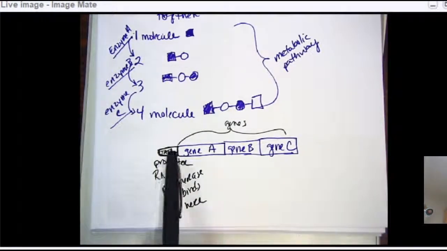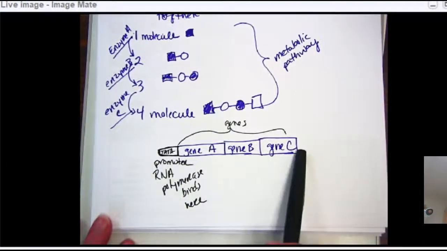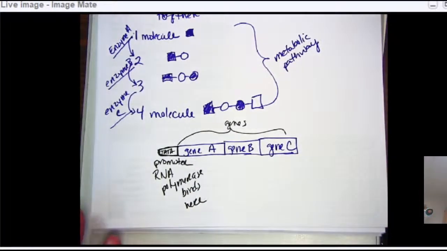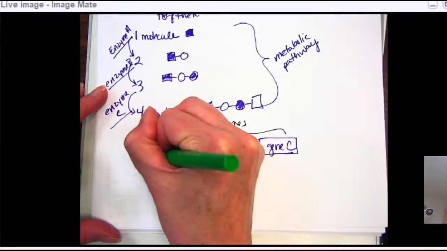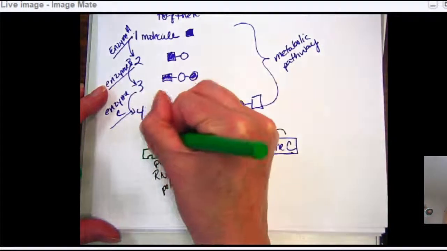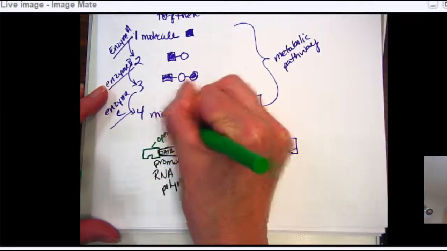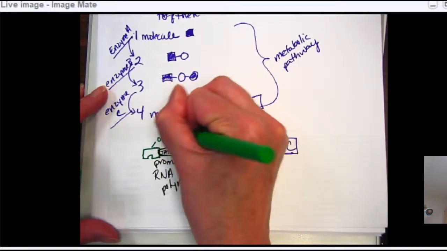So if we can control where RNA polymerase binds, we control whether or not this gene, or all of these genes, are turned on or off. In this promoter region, there is a section called the operator. And the operator acts like a switch.